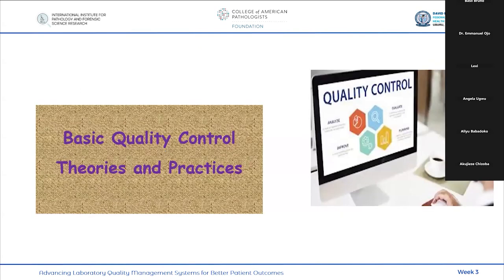So let's go to the theories and practices of quality control. Don't forget, we're looking at strategies for quality control, the quantitative and the qualitative part. So I'll be talking about the qualitative and the semi-quantitative part before we move on to the quantitative part, which will take us to how to monitor data.